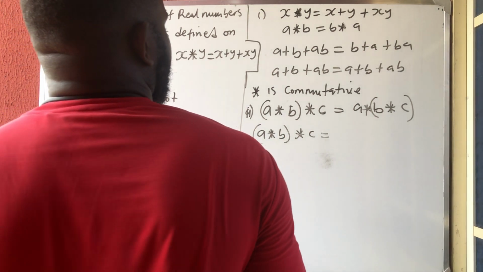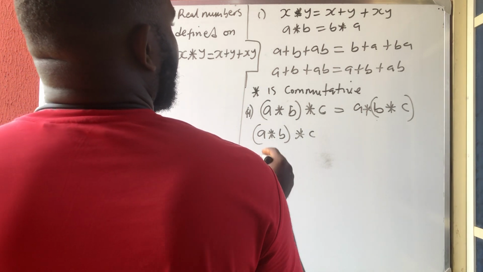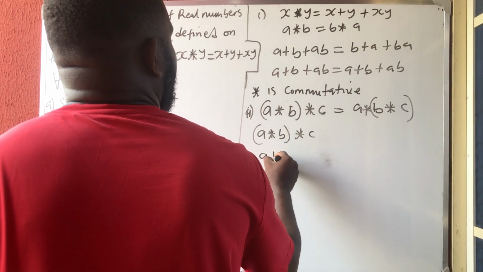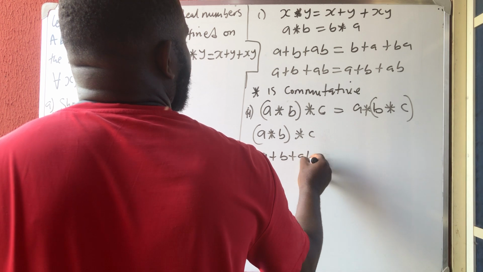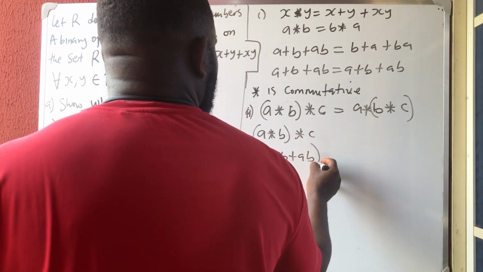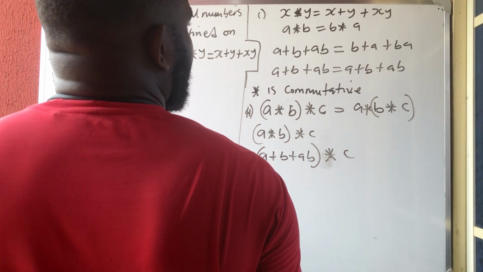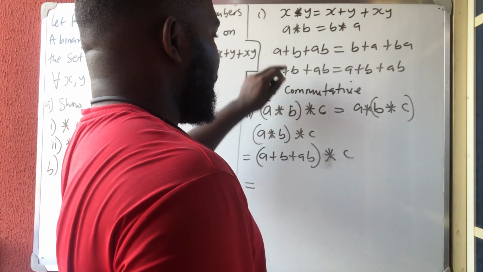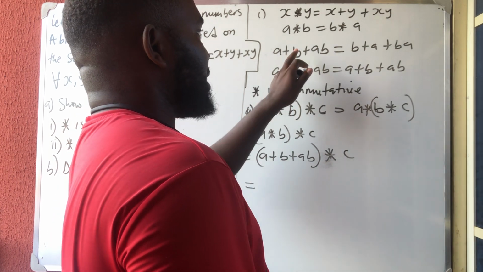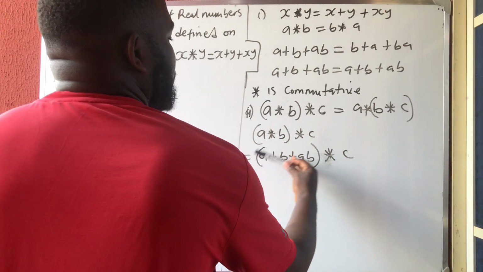First of all, a star b is giving me a plus b plus ab, okay? That is a star b. Then I want to use this to operate on c. So anywhere I see a in this formula, I'll put all these things. Anywhere I see b, I will now put c, because this is what is operating on this.